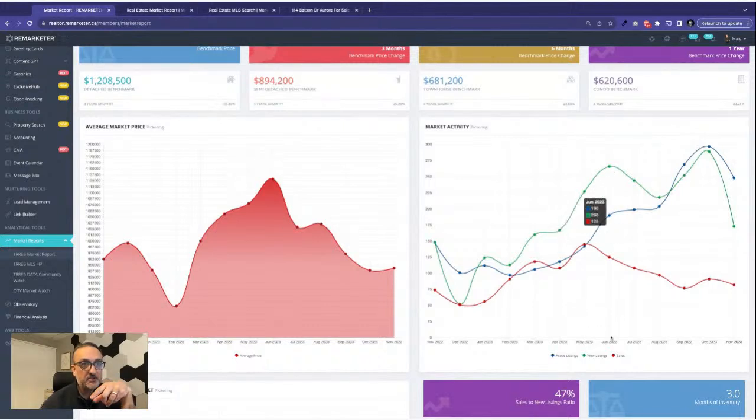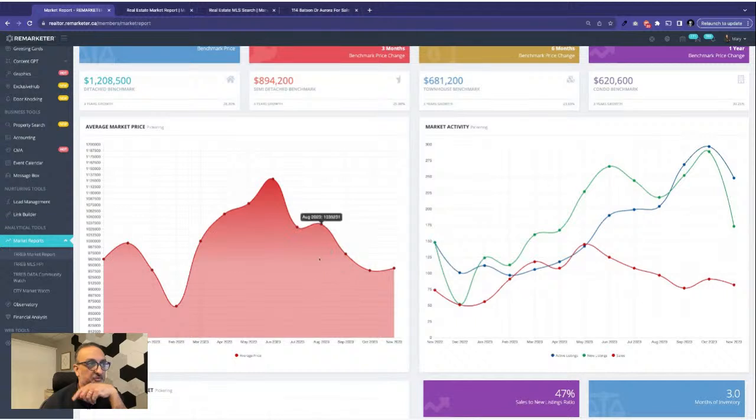So May, June, July, there were more and more properties coming onto the market while demand was going lower and lower, right? And then this started to build the inventory. Okay, so as the demand dipped here, inventory jumped up. So we have a lot of inventory available, and there were a lot of properties being listed during these months right here. And these are exactly the same months that you can see the price dropping down.